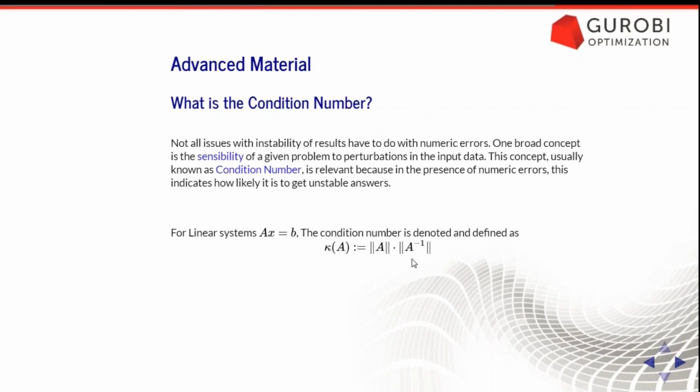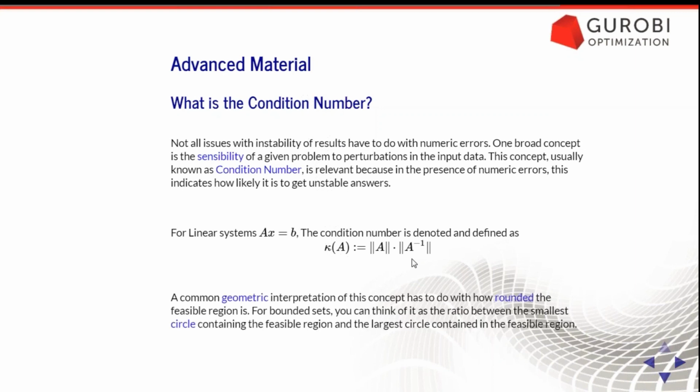But I prefer really the geometry interpretation, which has to do with how rounded the feasible region is. And for bounded sets, this is really simple. Essentially, what you can try to imagine is, what's the ratio between the smallest ball containing the feasible solution and the largest ball contained in the feasible solution?